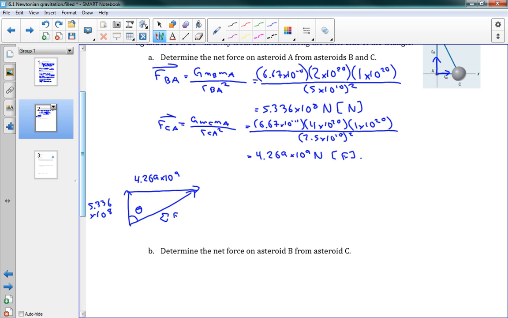Good. So let's see. The sum of the forces is the square root of 5.336 times 10 to the 8 squared plus 4.269 times 10 to the 9 squared. Take the square root of all of that, and it gives us a net force here of 4.3 times 10 to the 9 newtons.